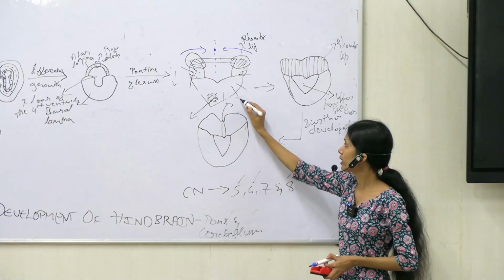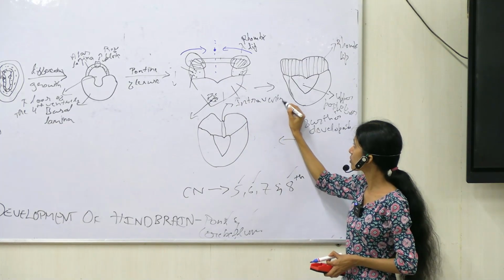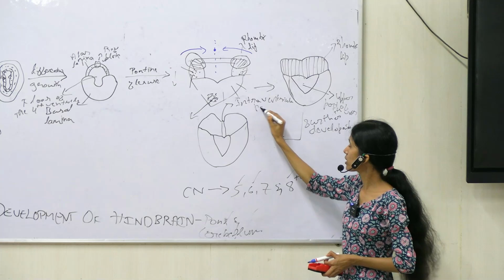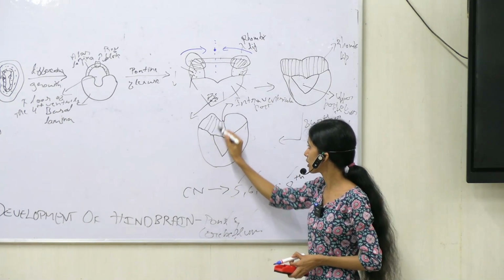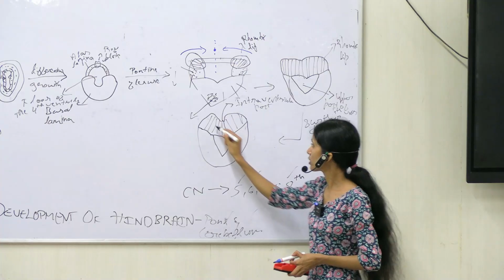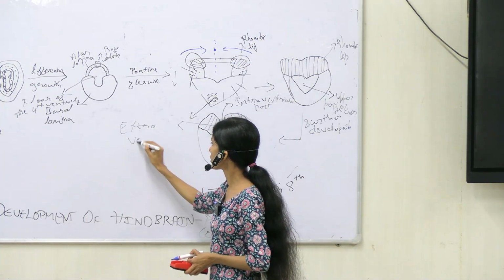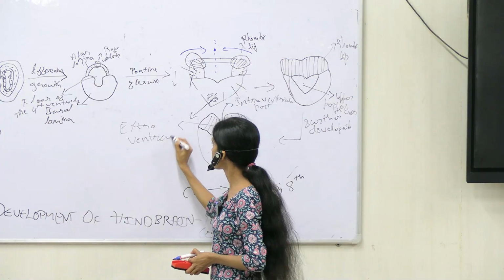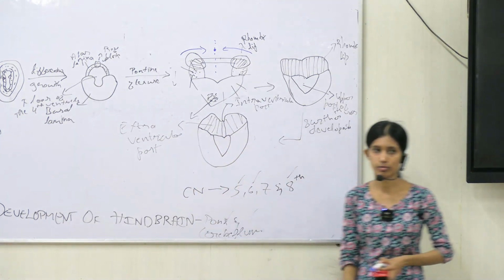This is called the intraventricular part, and whatever the structure you are seeing here is called the extraventricular part.